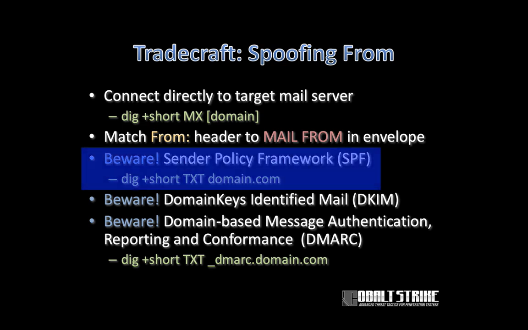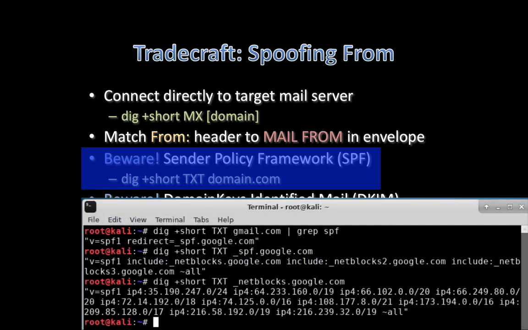So you have to be aware of something called Sender Policy Framework. Sender Policy Framework is a way of restricting which mail servers are authorized to use a certain domain in their email envelopes. So when I connect to a mail server and I say, hey, mail from Rafi@whatever.com, the receiving mail server is going to look up a text record on whatever.com and look for something called an SPF record.